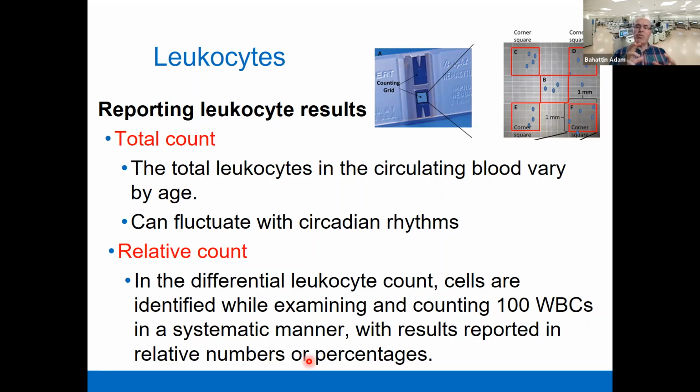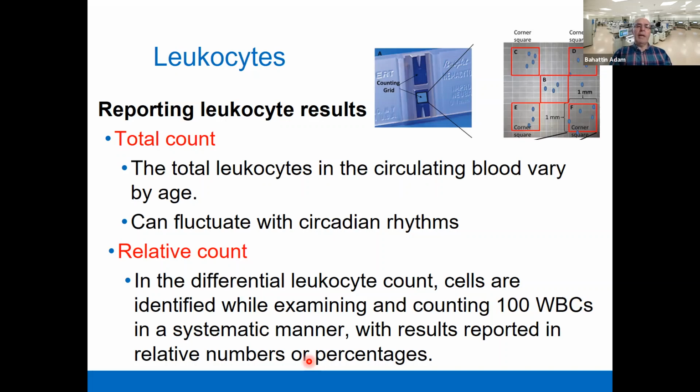If you measure the total number of leukocytes in the morning or the afternoon, they may differ from each other because the number of leukocytes fluctuates with circadian rhythms.